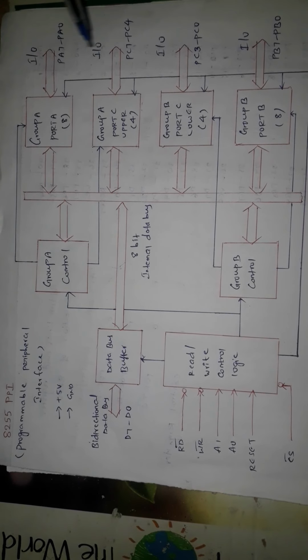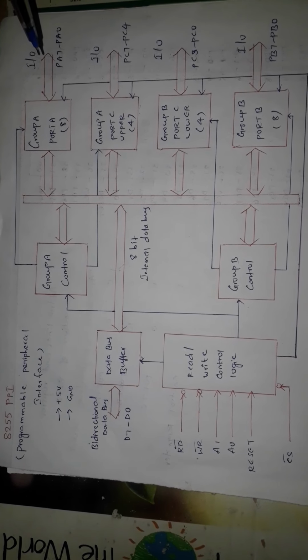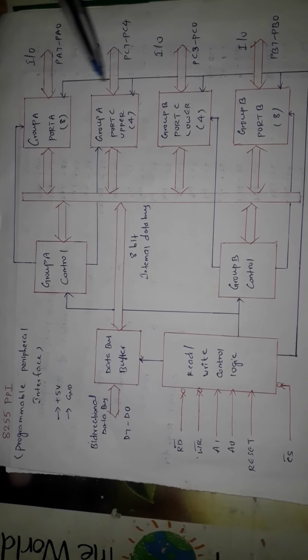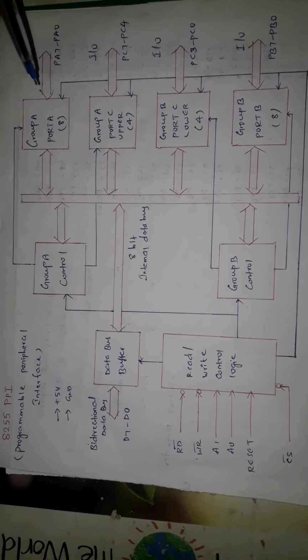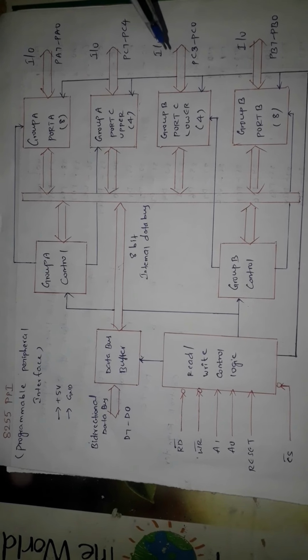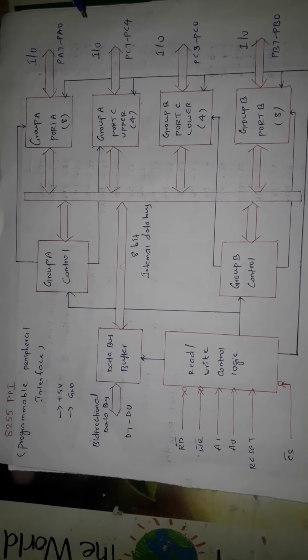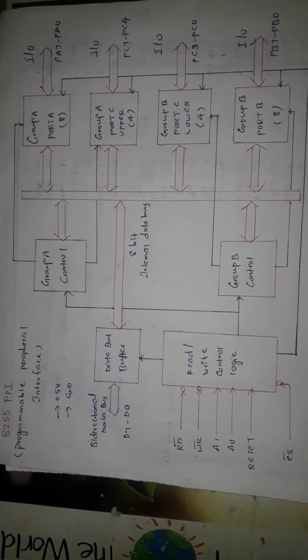That is, these ports are connected to the input and output devices. So it's bidirectional. That means you can transmit or receive the data. That is, you can perform both read and write operations through these ports, and all these ports are connected to the input and output devices.